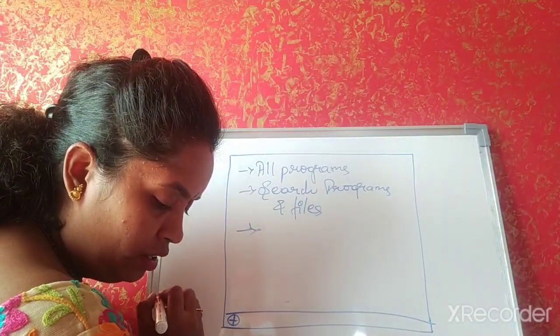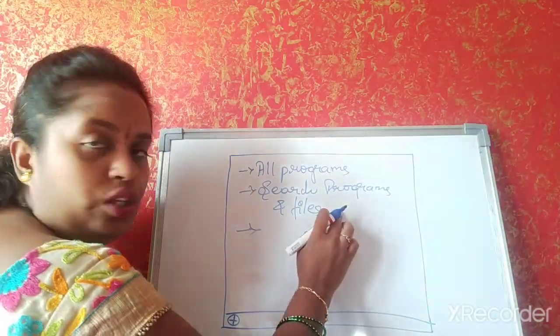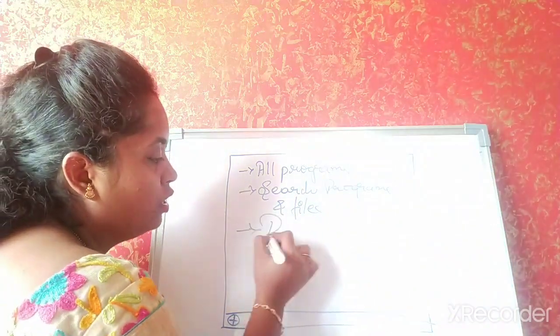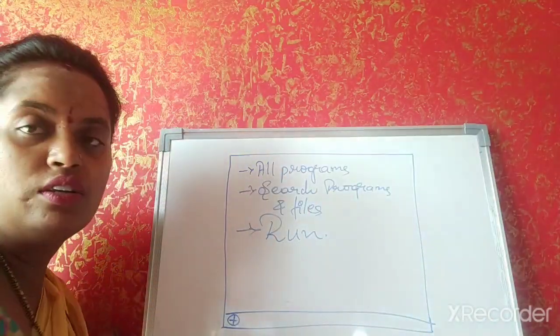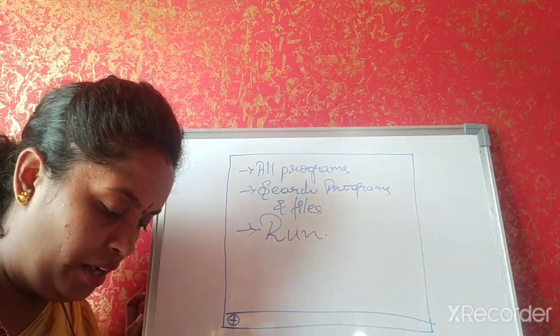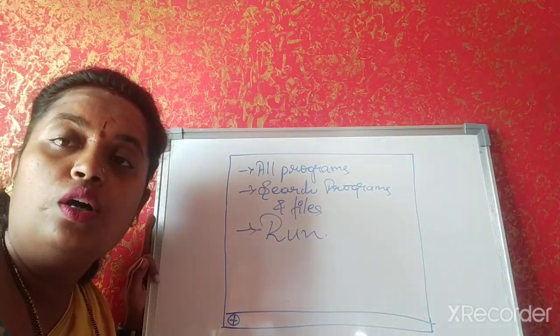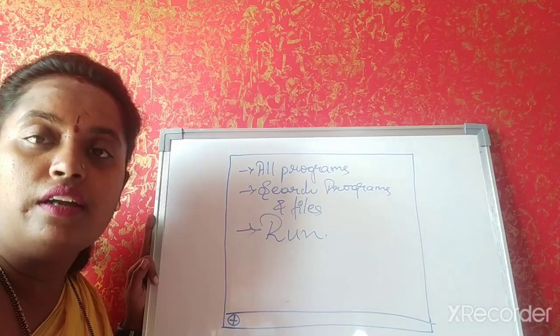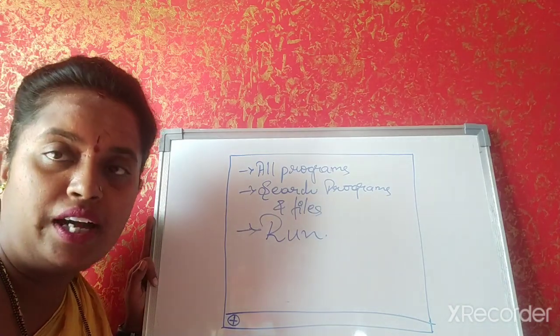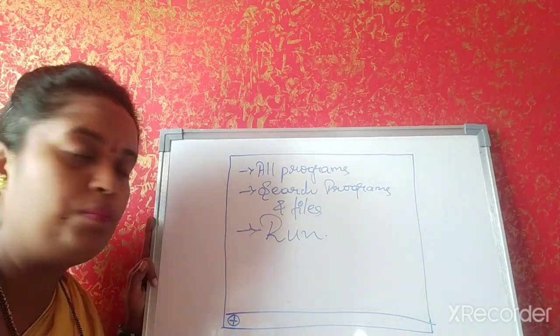There, whichever file you want, you will write that name, then you will click on the option run. So that is how you are supposed to use the run option. It is to search the file and run the application.